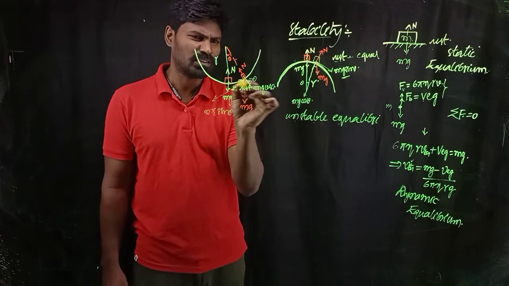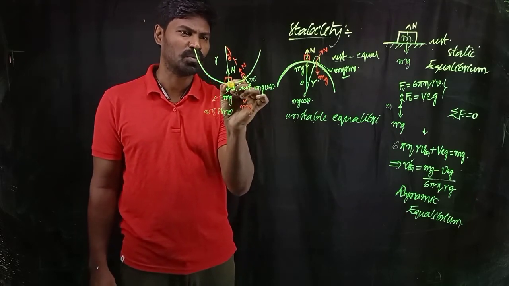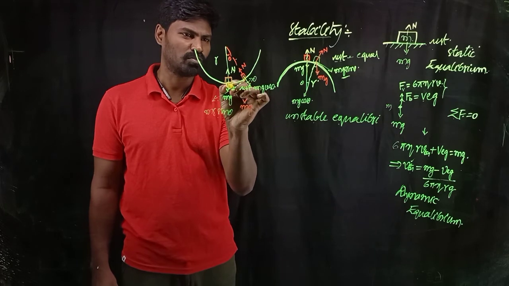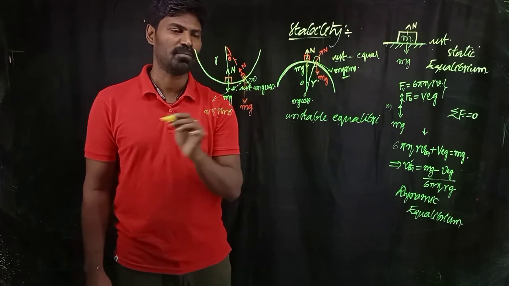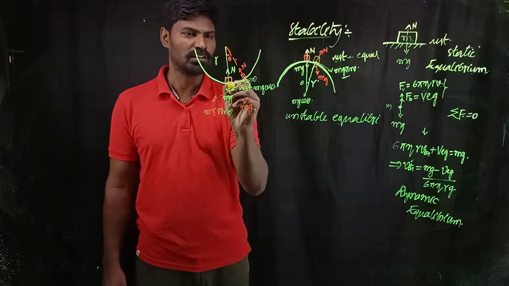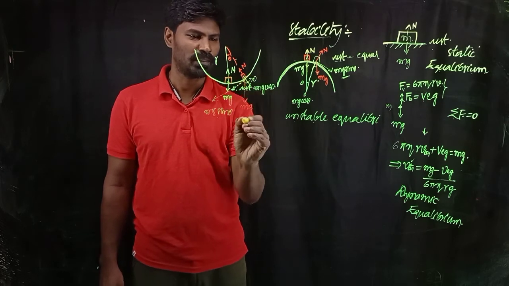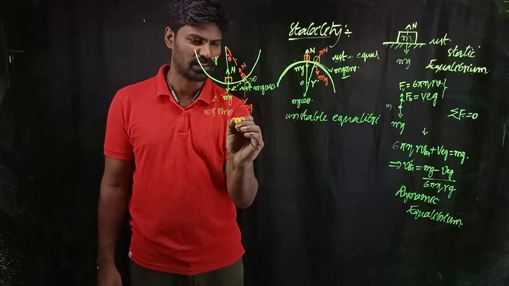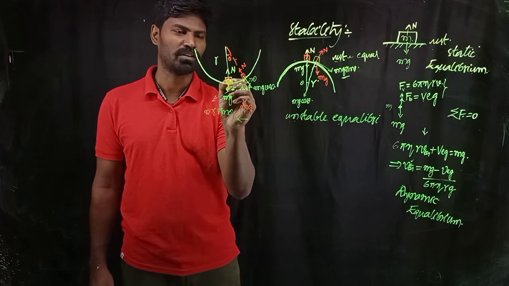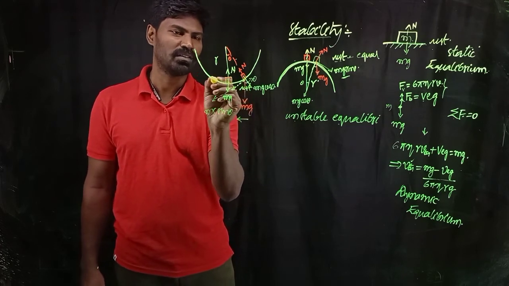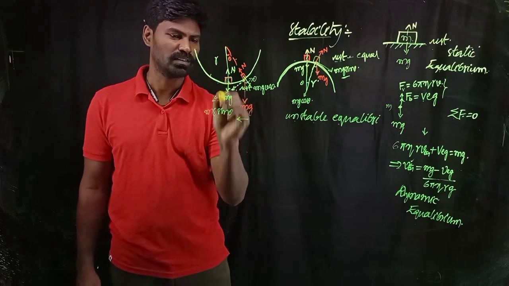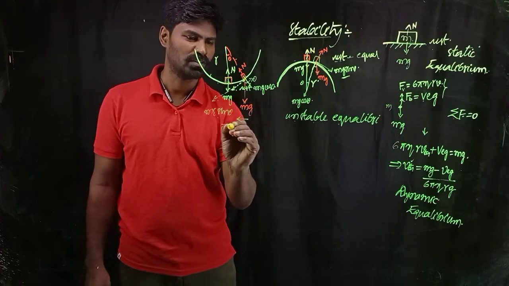Am I right? This is the same scenario whether you displace this block to the right or to the left. If you displace the body to the right, then this restoring force mg sin theta is to the left, or else if you displace the body to the left, then mg sin theta is to the right.